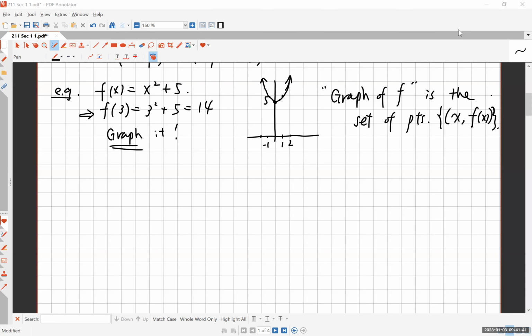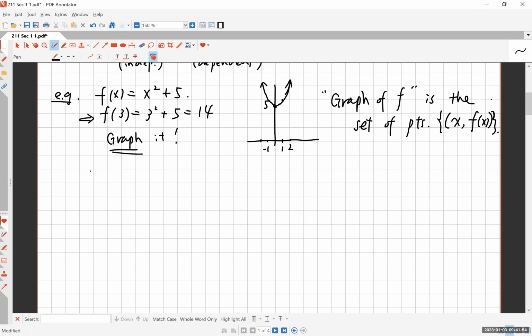Okay, so I have shown you various ways to represent functions, right? So you can write a formula. You can also do an xy chart. You can do graphs. You can also do this diagram, like this. A, which is real numbers. B, which is also real numbers.